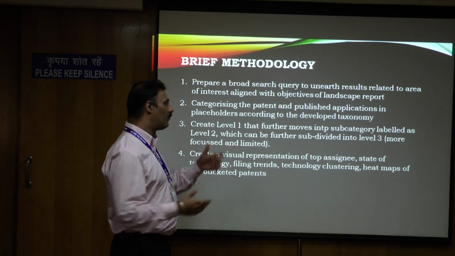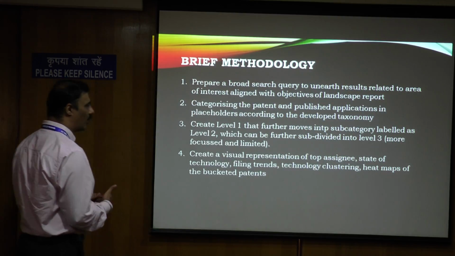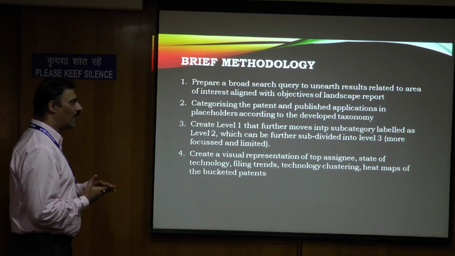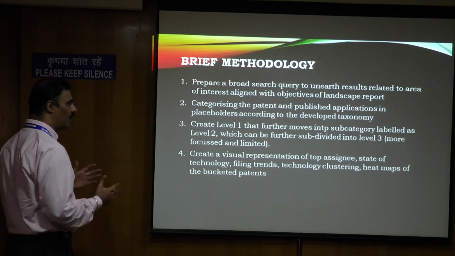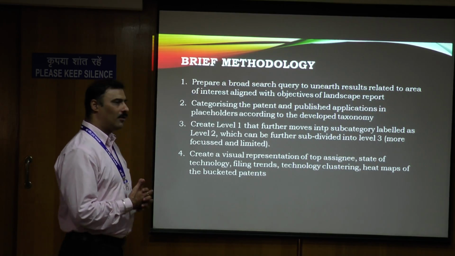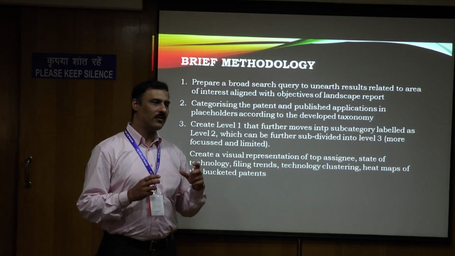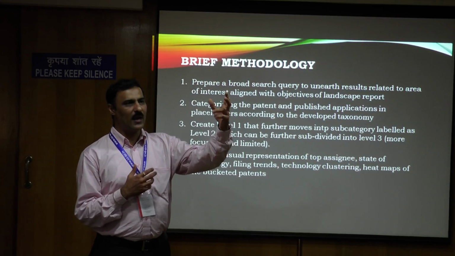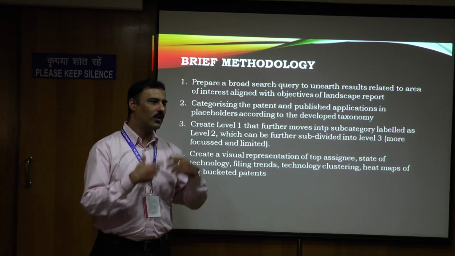Categorize the patents into published and granted, and this you can always do. If you want different landscapes, you make them; if you want a single one for both, it depends on the objective of the landscape. Level 1 is the taxonomy, Internet of Things. Then the second level: whether it is WiMAX or something else, what is the protocol, what is the security.